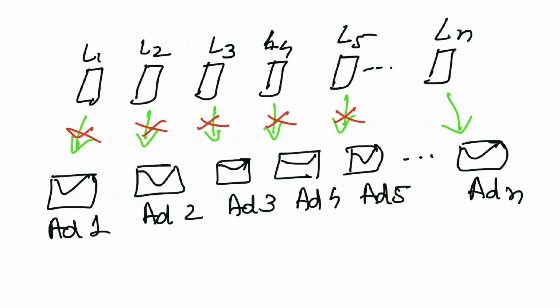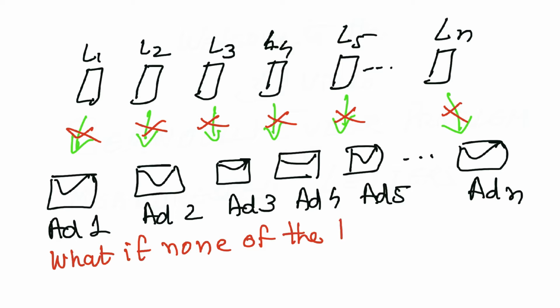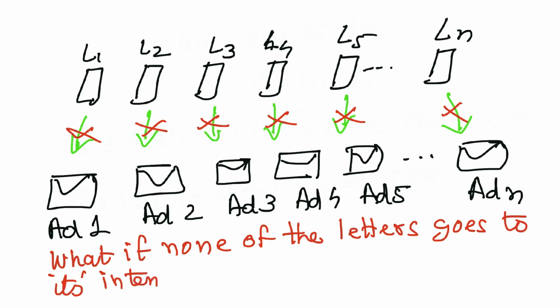Now, what if that's not happening? What if all the letters are ending up in the wrong envelope? That is, the address obviously is wrong, which means that none of the letters would be reaching the right recipient, or all the letters would be going to the wrong addresses.